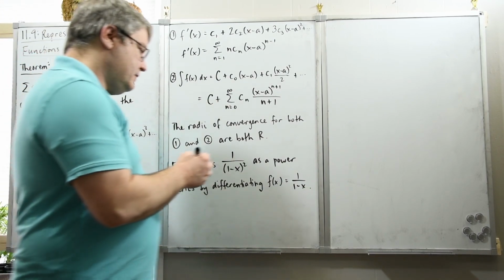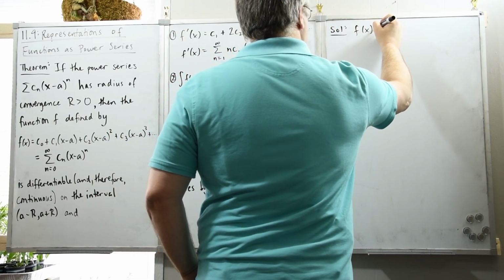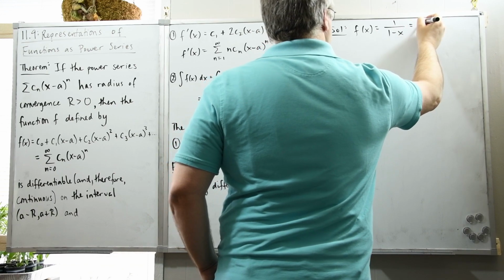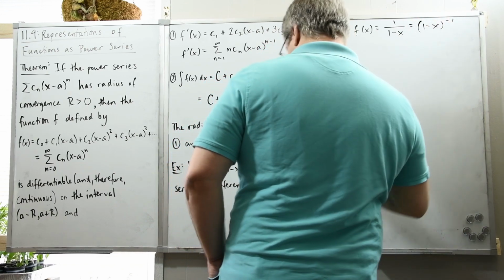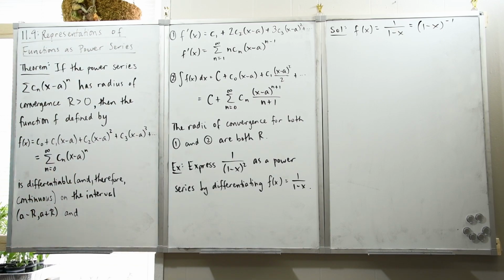So if we take a look at our f of x, it's 1 over 1 minus x, but we also know that we can represent that as 1 minus x raised to the negative 1.